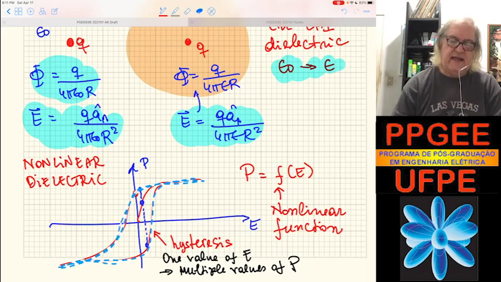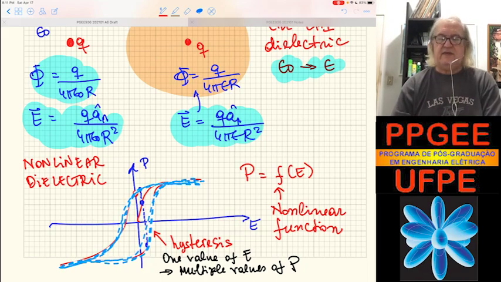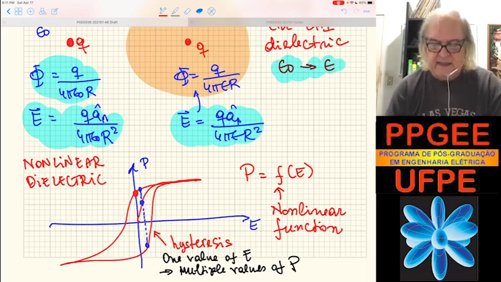You saturate again, so you don't have a single value response of the material. Right? So this is called a hysteresis loop.